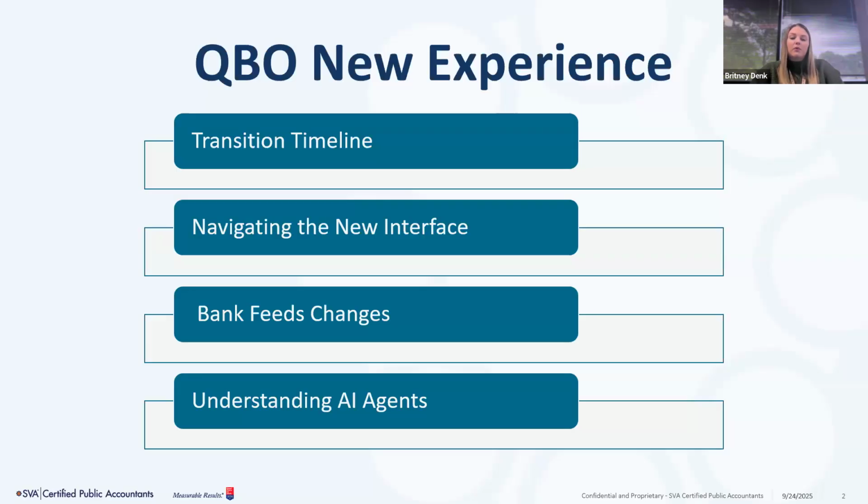And then I'm going to briefly walk through the AI agents, an understanding of what it is, how you can use it to help you. If you don't really use any AI, and you're unfamiliar with ChatGPT or Microsoft Copilot, it works very similar to that. We'll go through that towards the end of our presentation.